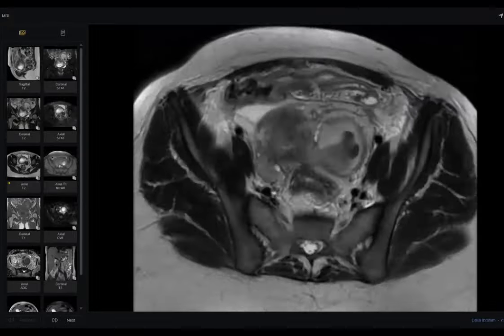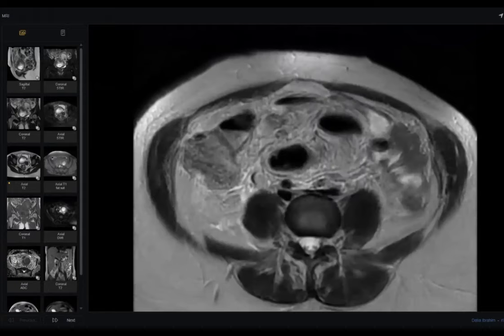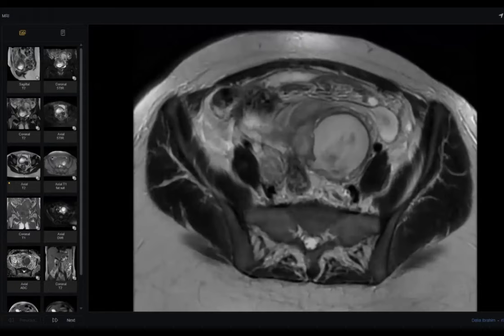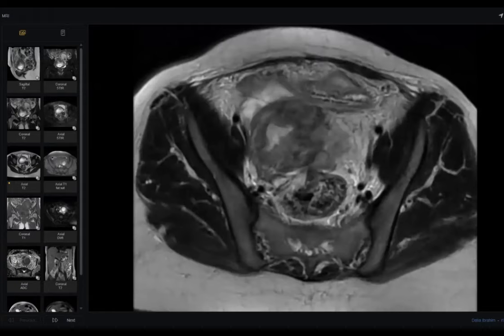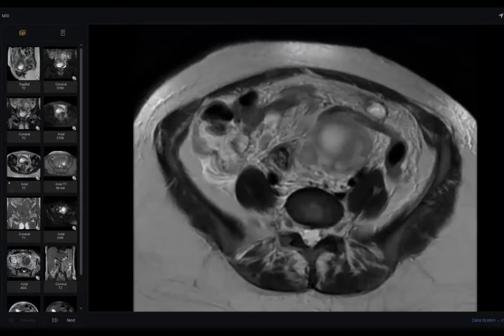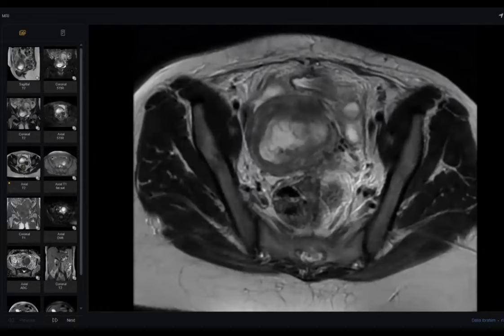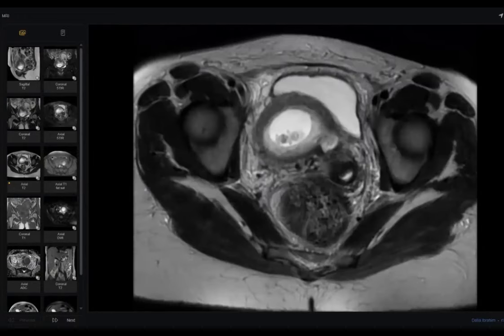There appears to be a pedicle that's connected to the left ovary. It appears to be twisted as well, and the remaining ovarian tissue appears to be more hypointense than I would expect it to be. So I'm suspecting left ovarian torsion on top of a large cyst.